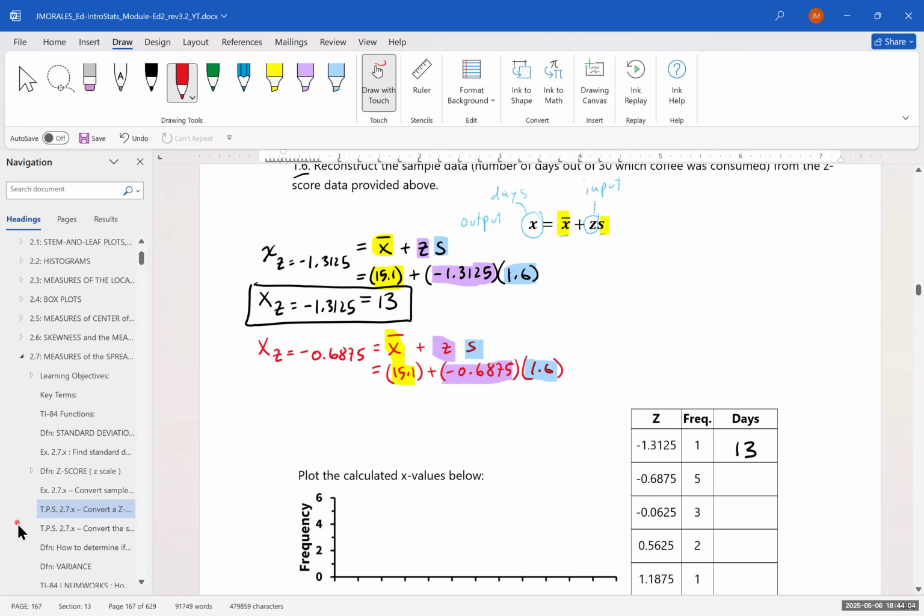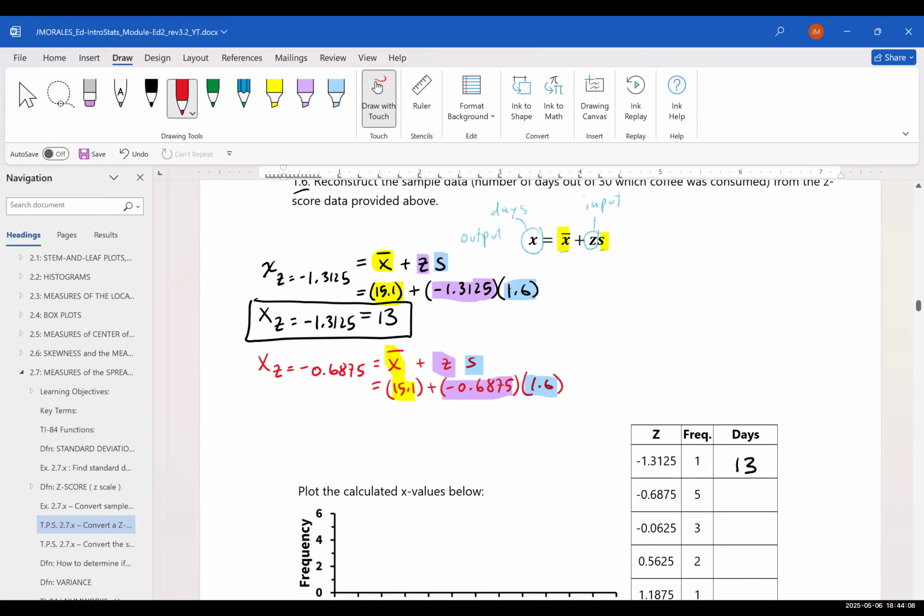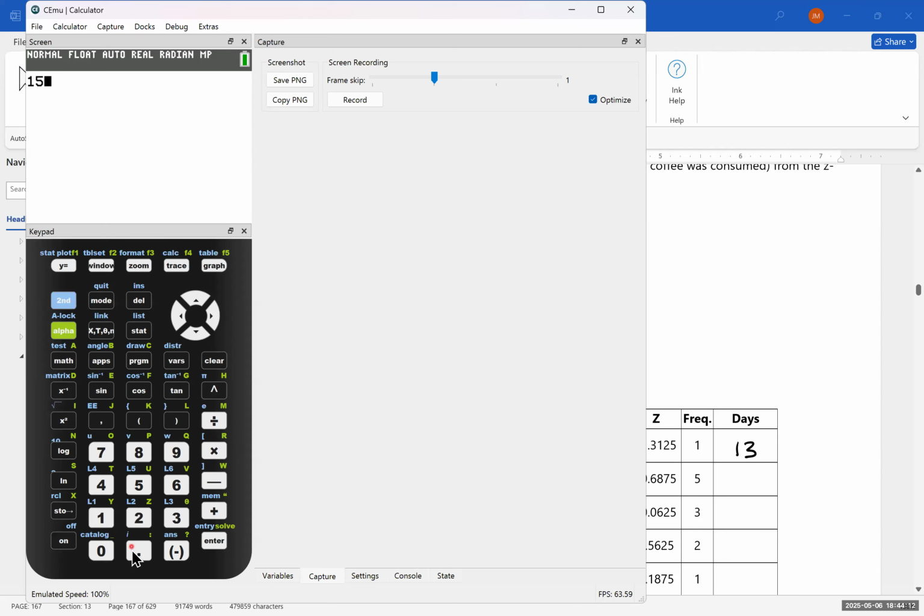Now let's do this on the Texas Instruments calculator this time. We've got 15.1 plus. A common mistake that Texas Instruments calculator users make is that instead of using the negative button here, they put a minus. We want to make sure that we use negative to represent a negative number.